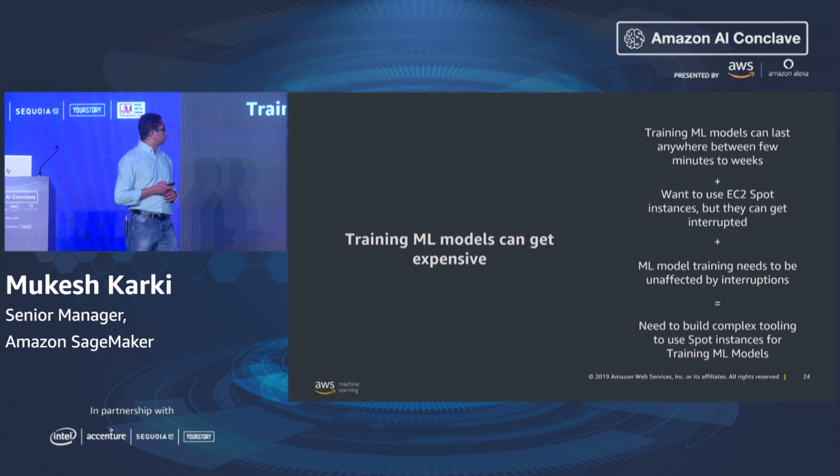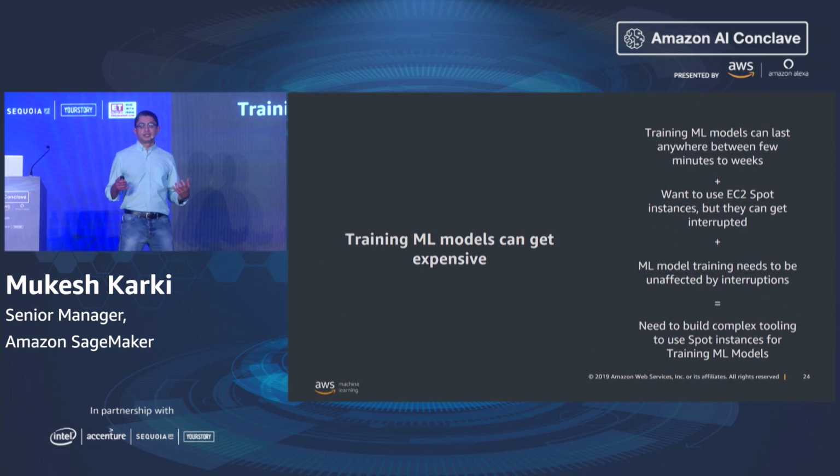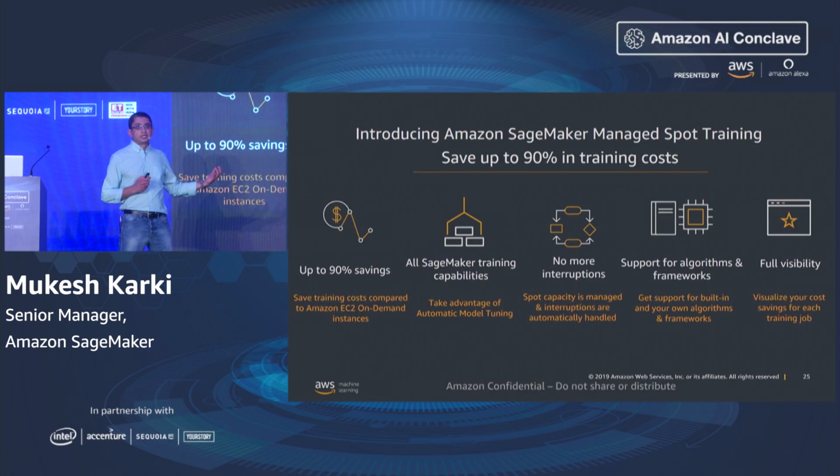One of the challenges with training is if you're doing distributed training of neural networks, that training can go on for days, and all of that compute is costing you a lot of money. And to help with that, a few months back, we launched the ability to use spot instances for training.